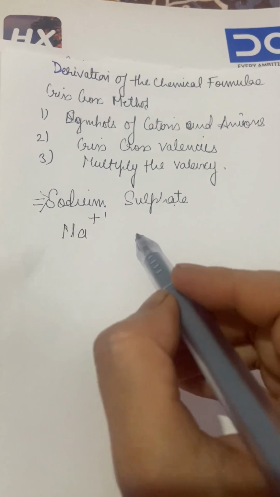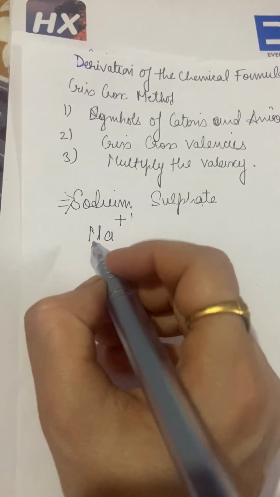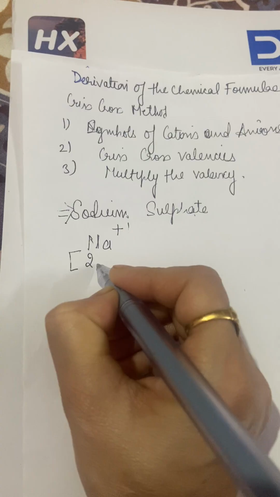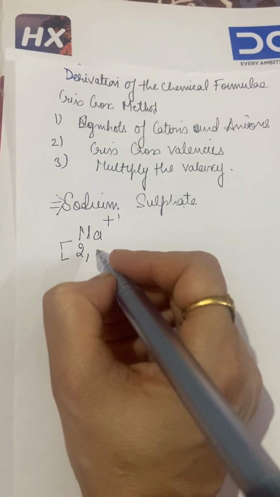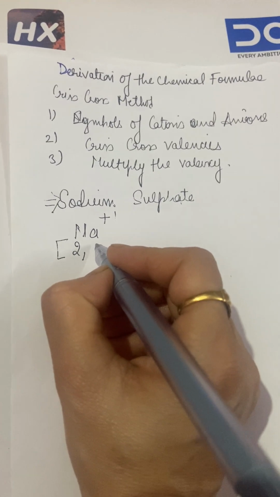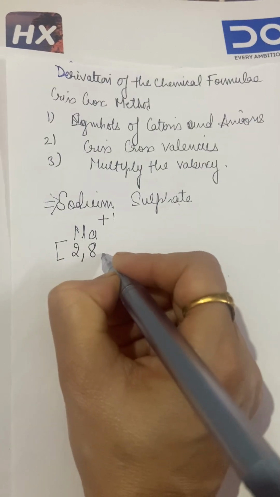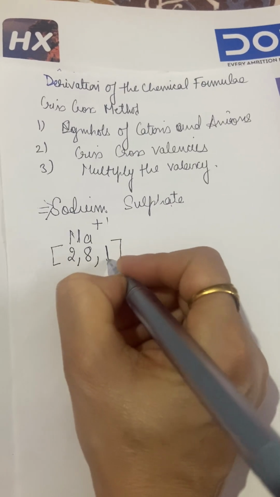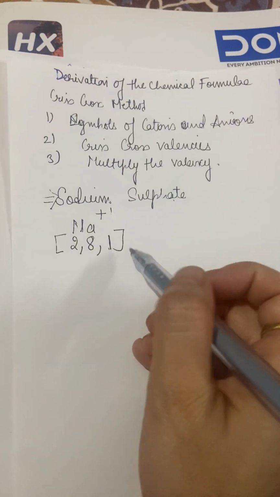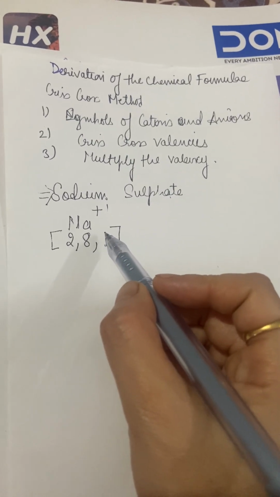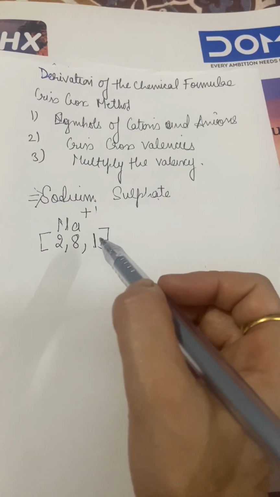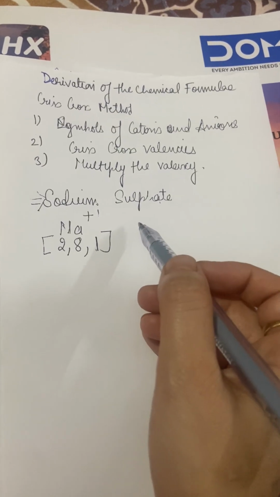Now many of you don't even know how to find the valency, so let me tell you that there is a way through which we can find the valency of a particular atom through its electronic configuration. You all know what electronic configuration is. It is basically the arrangement of the electrons in the various shells.